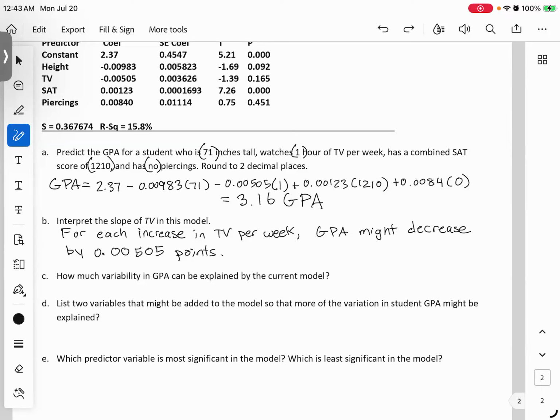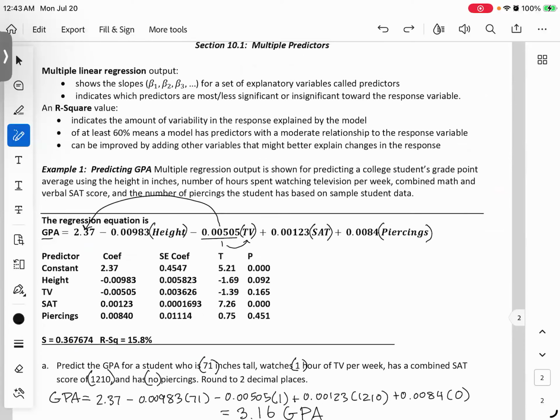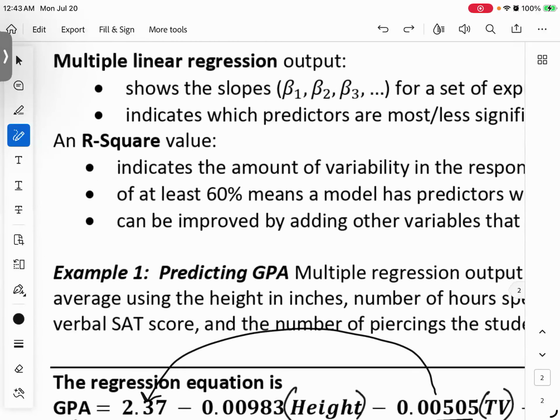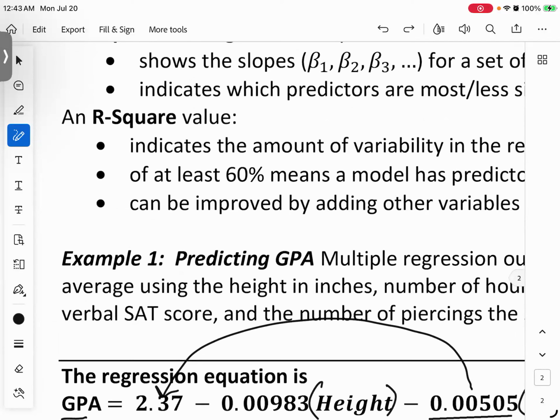How good of a model is this? And the way that I like to explain this is there is a value known as R squared. Anytime that R squared is at least 60%, it's considered a pretty good model.